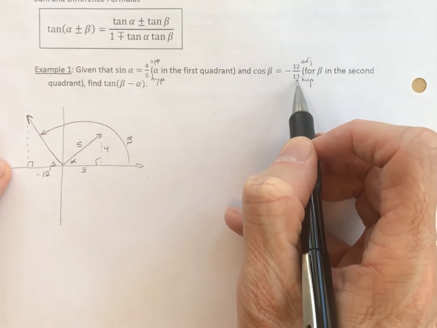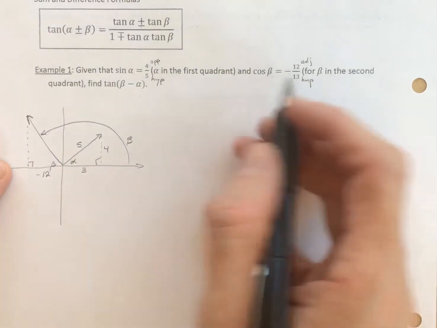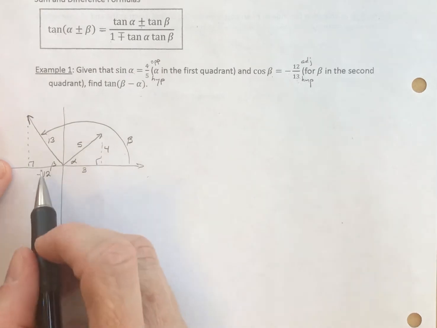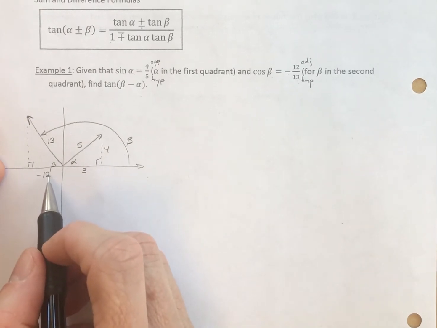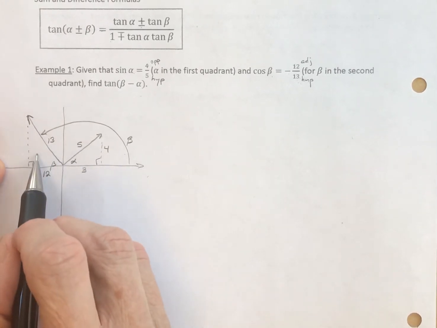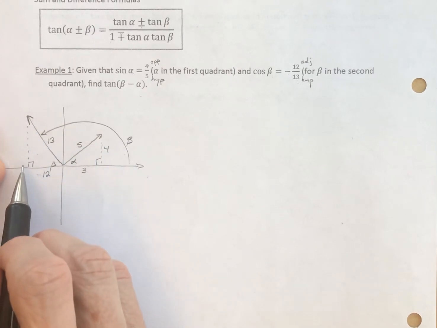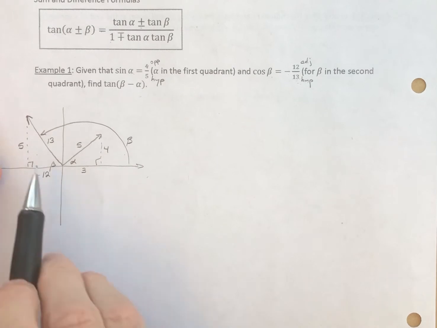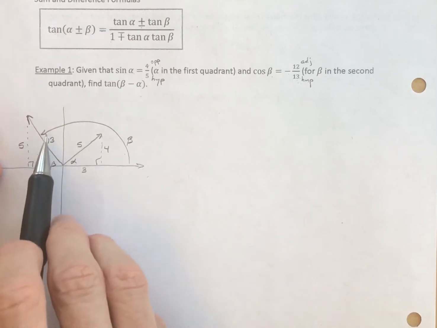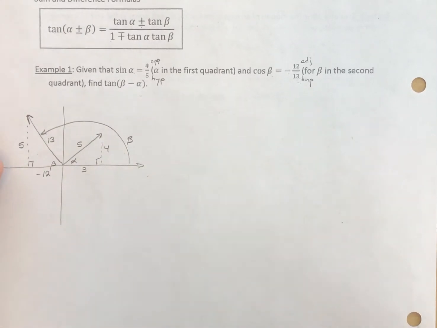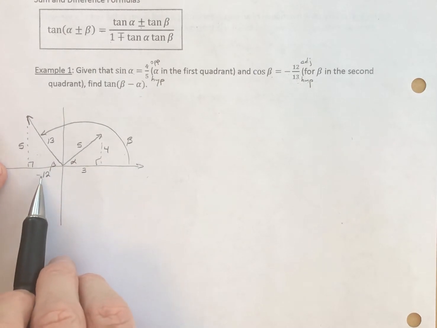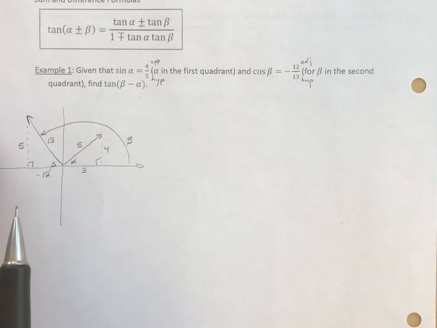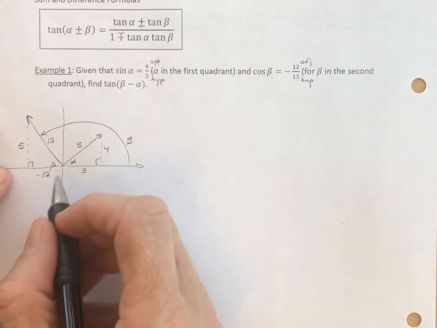Again, the hypotenuse, the vector, is always positive, and the hypotenuse would be 13. And so if I do the math using the Pythagorean Theorem, and I recognize that I'm in quadrant 2, where the y value is positive, this is positive 5. It's a 5, 12, 13 right triangle. Again, once we note that this is a negative 12 and a positive 5, we notice that we're in quadrant number 2. Okay, so we have a picture of that.